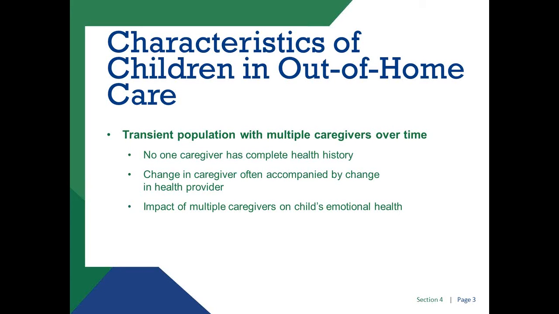So many times, no single caregiver has the complete health history, and particularly if it's a new caregiver, they're unlikely to have any health history, and child welfare often doesn't get much in the way of health history at entry to care. And then when a change in caregiver occurs, that's often accompanied by a change in health provider, which, if the child's really attached to a true medical home, should not happen.